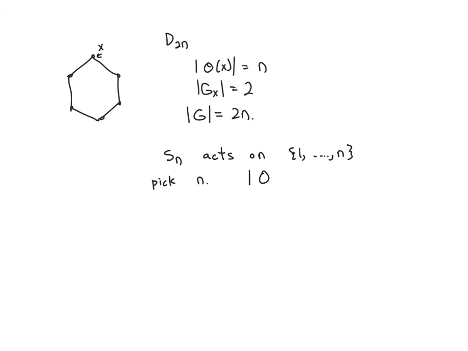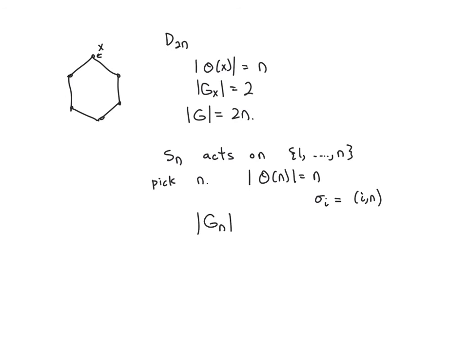It's easy to see again that the orbit is everything, namely because for each i there exists a permutation that sends n to i and leaves everything else alone. So everything is in its orbit. And so we need to figure out the stabilizer.